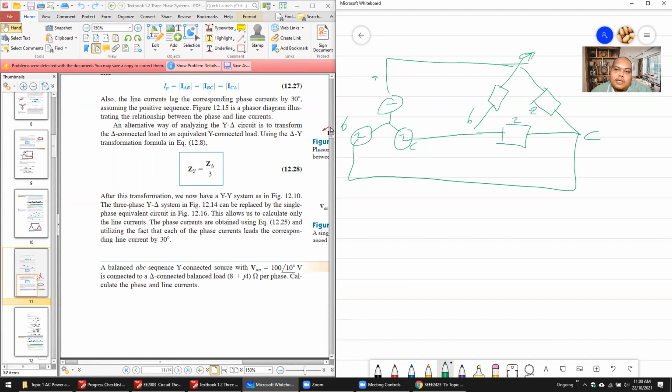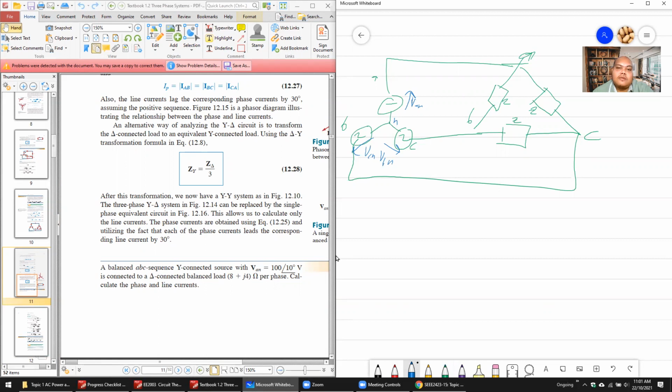Z, Z, Z. So of course you have to label everything. This one is VAN, not VAB. This is neutral. VAN, VBN, VCN. Of course, the arrow is from the negative side to the positive side.